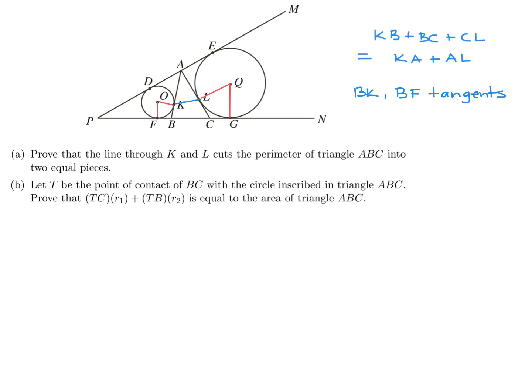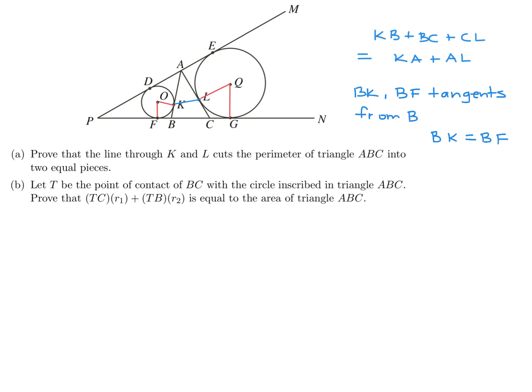For this small circle right here, and they are starting from B. So because they're tangents and they start from the same point, they're equal. That is a rule. So we can conclude that BK is equal to BF.